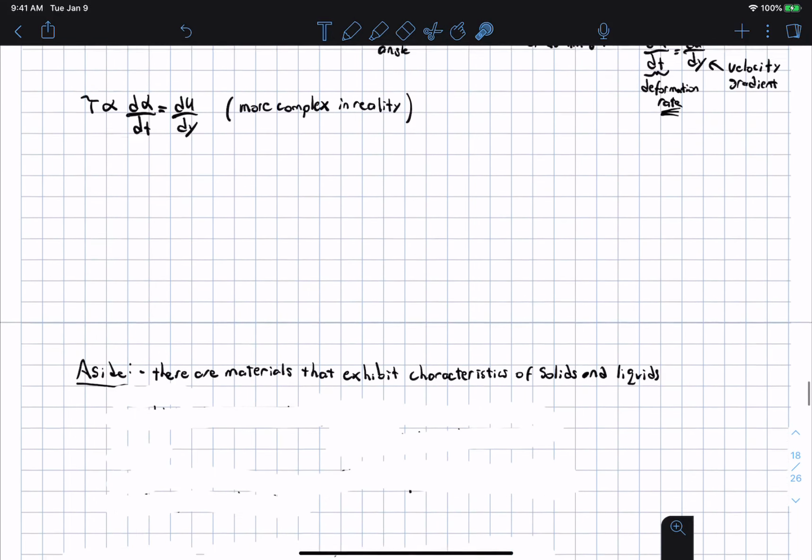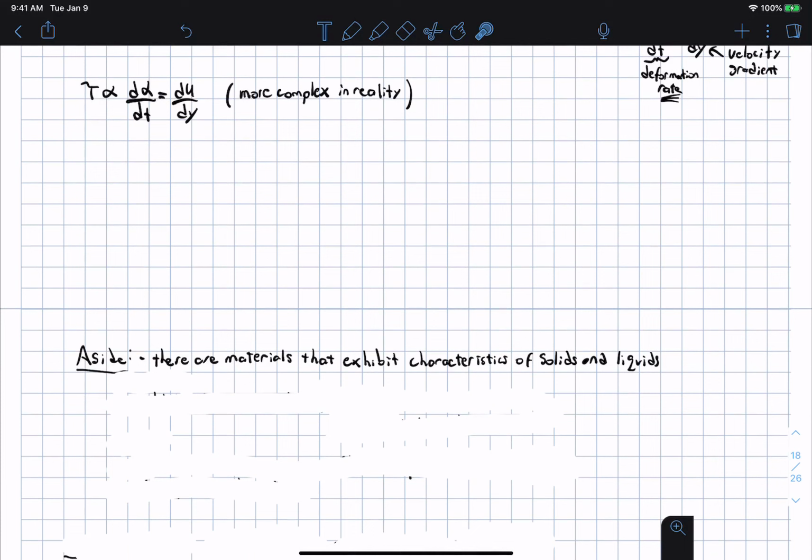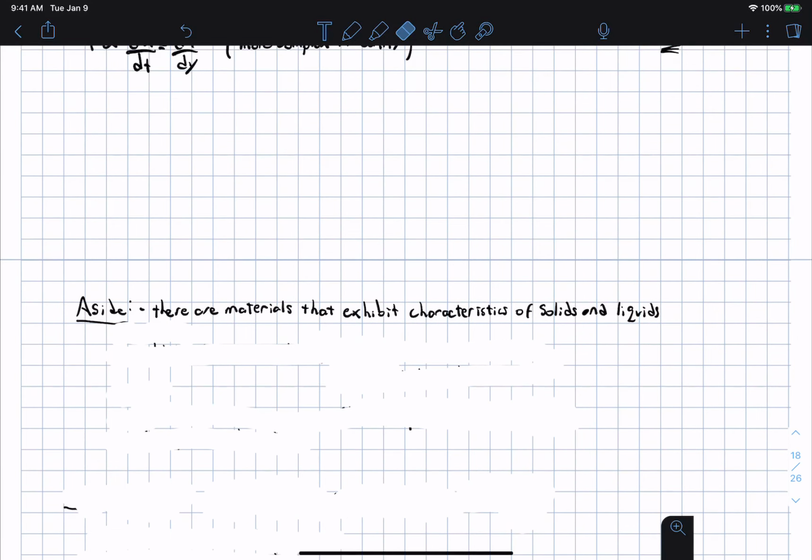Now, aside, we talk about solids and liquids as if there's no in between, but in reality, there are some materials that exhibit characteristics of both. An everyday one that you may have eaten some yesterday is ketchup.